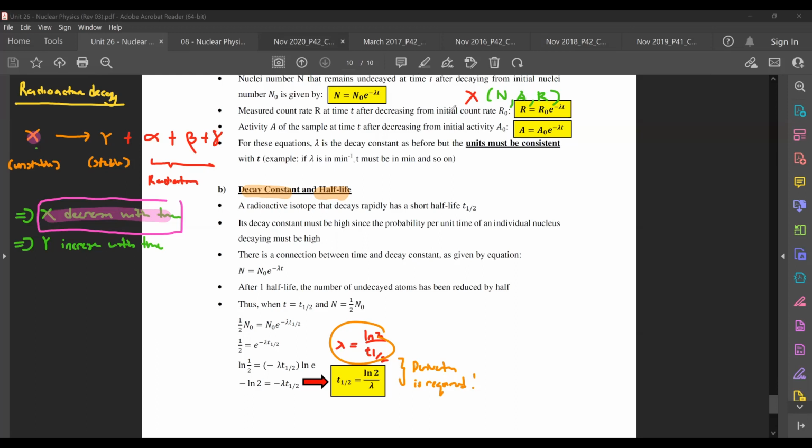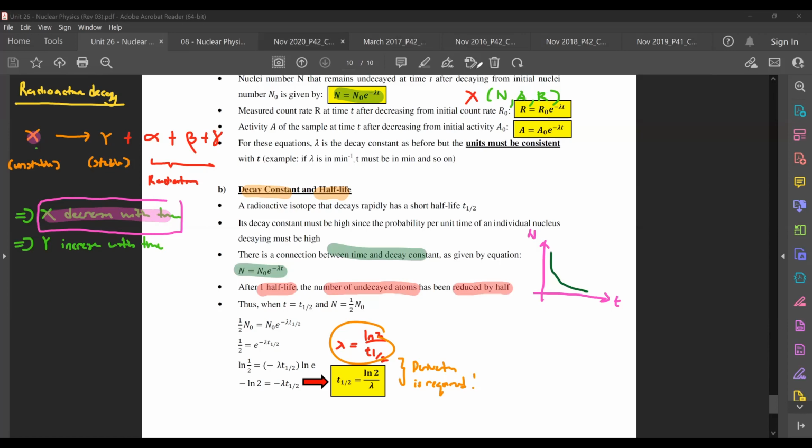For example, if you're talking about a graph of number of nuclei versus time, you know it will decay exponentially like this. There's a connection between time and decay constant that's given by this equation. You learned this from above. Now, after one half-life has passed, you expect the number of undecayed nuclei to have reduced by half.